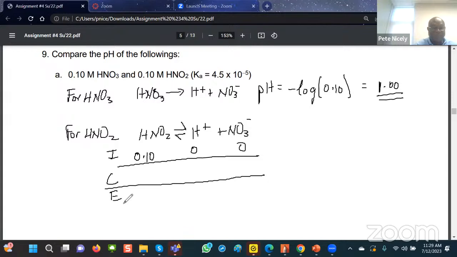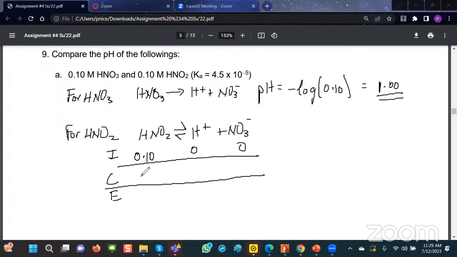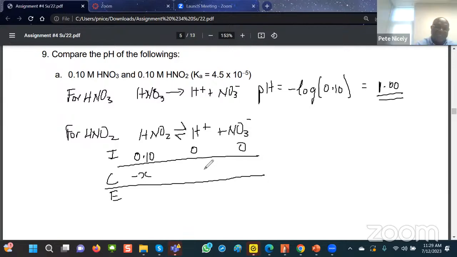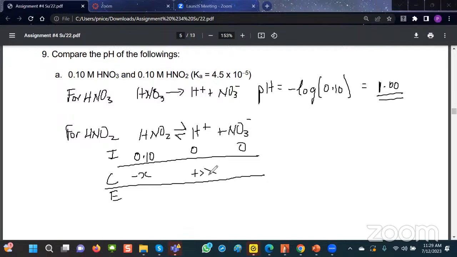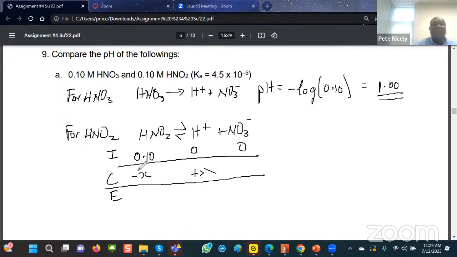So what's the next step? What goes in this row right here? The change. Under HNO2 would be minus X, and this would be plus X. Whoops, something is wrong with my tablet here. I don't know exactly what it is.